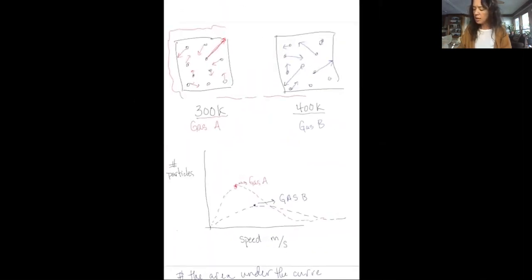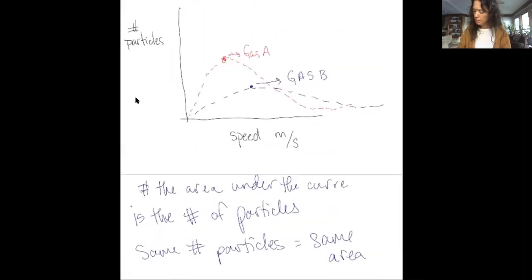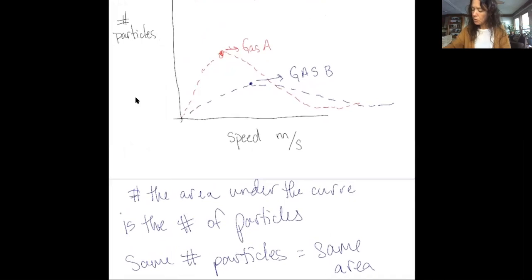Remember, we had 10 particles. Obviously, there would be a lot more in both samples: 10 moles, 10 particles, however you want to look at it. Now, notice when you look at the curve that this gas is moving at this speed, and for this gas, the majority of the particles are moving at this speed. The top of the line would represent the majority of the particles.